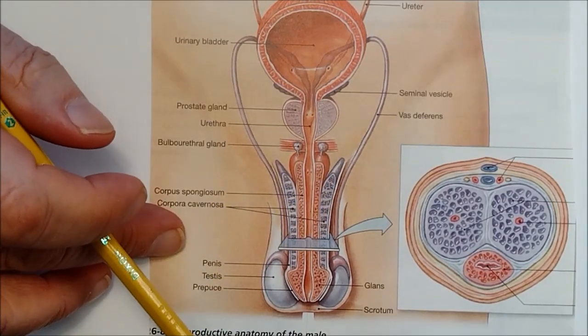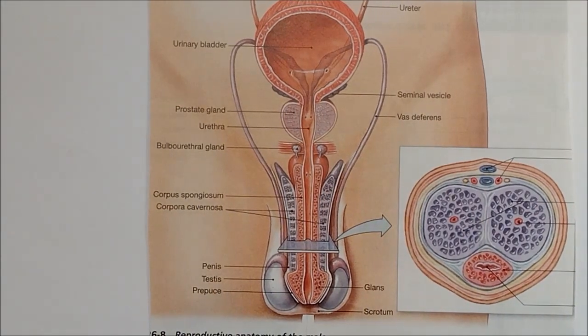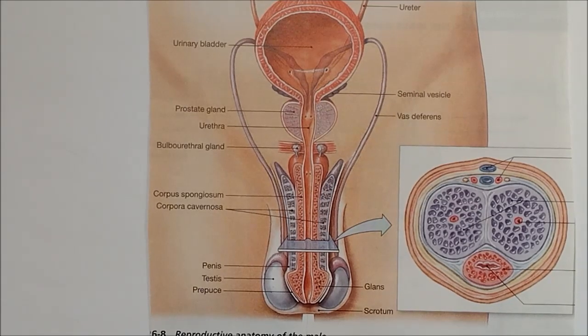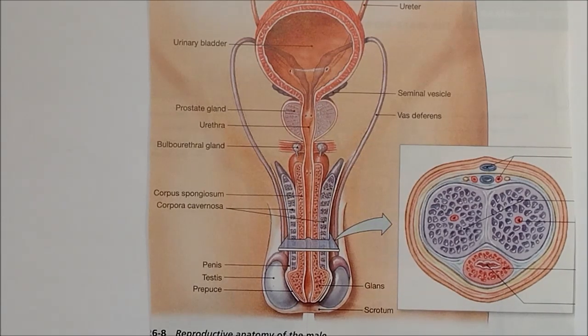Now, what if a man wants to have birth control? In other words, he's already married, usually. He has his kids, and he's probably in his late 30s or 40s, and he and his wife don't plan to have any more children.